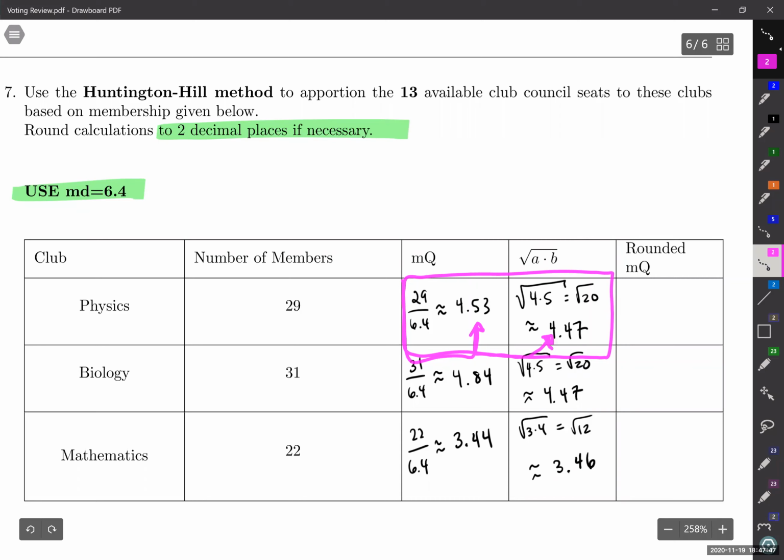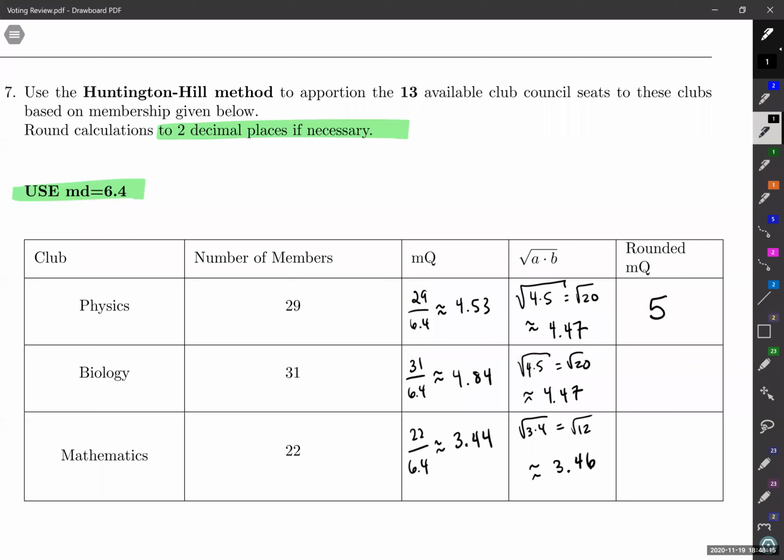If the value of interest is higher than the AB value, you go up. But if the actual value is lower than the square root of AB value, you go down. So right now we're comparing 4.53 and 4.47. Would we agree 4.53 is above 4.47? That means we round up. So we're going to round up to 5.